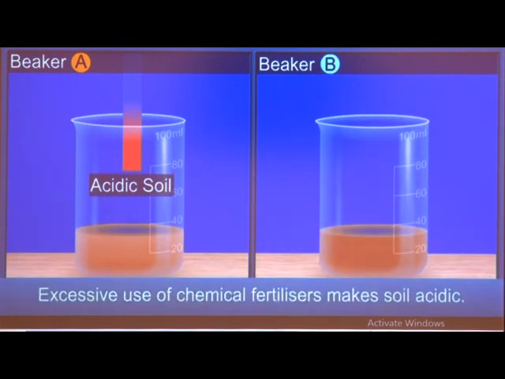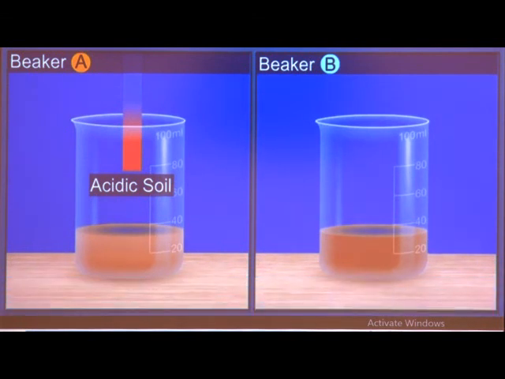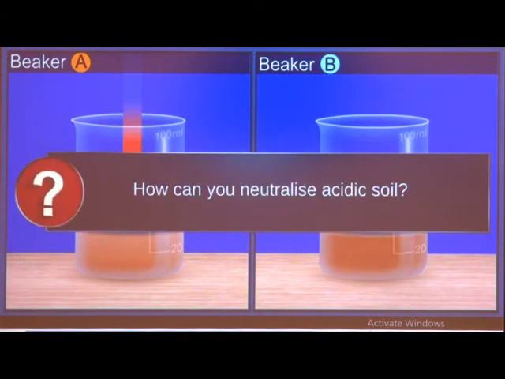Excessive use of chemical fertilizers makes the soil acidic. So, what do you think should be done to neutralize it?